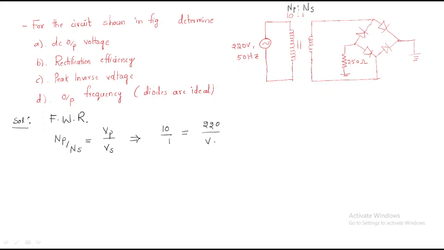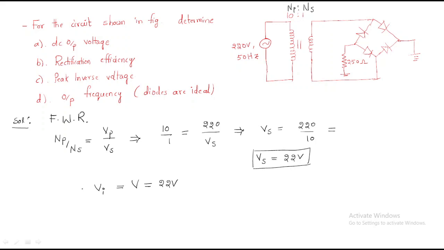We have to find the secondary voltage, which equals 220 by 10. By using this, we get the secondary voltage equal to 22 volts. That is the input voltage applied to the bridge circuit. The source voltage is 22 volts. So we can take this as the input voltage.